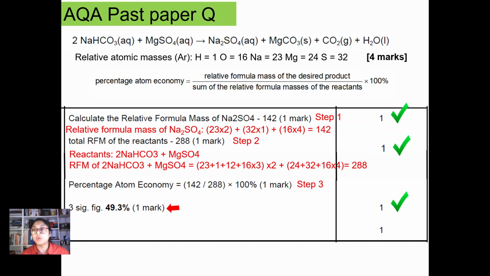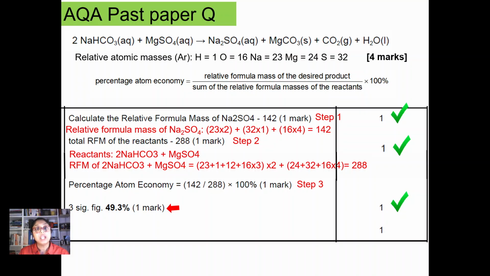Now, one thing we have to keep in mind is that they have said give your answer to 3 significant figures. If you have got a longer number on your calculator, 49.3 and so on, what you need to do is keep the 3 meaningful digits in the number, starting from the first non-zero digit.